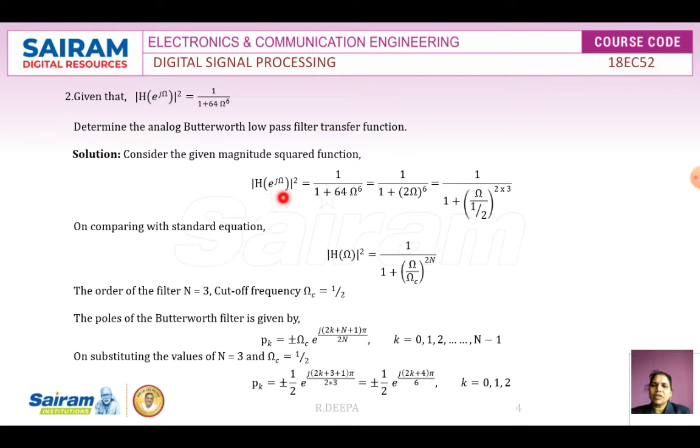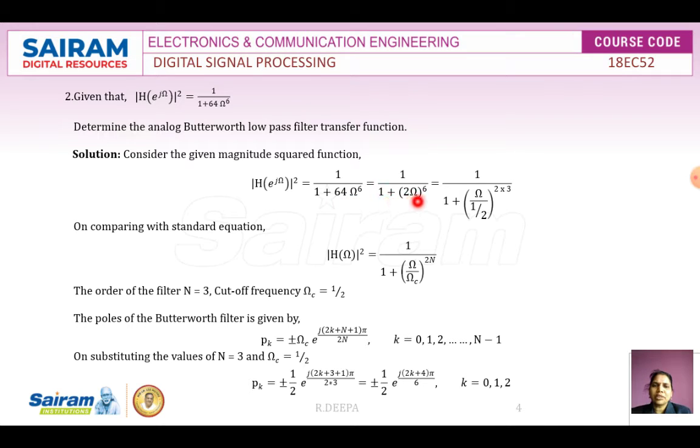modulus of H of e power of j omega the whole square. What is given is 1 by 1 plus 64 omega power of 6. Let us try to express this in terms of 1 by 1 plus omega by omega c, so that you can calculate the value of n as well as the cutoff frequency omega c.